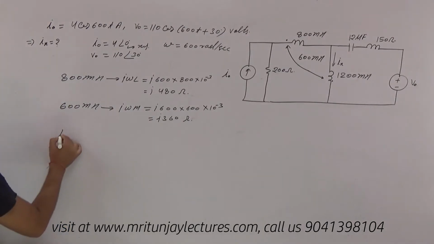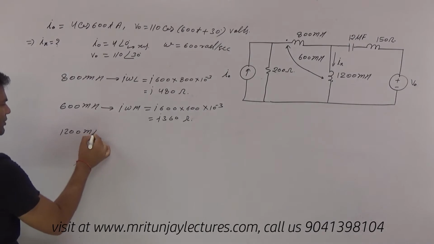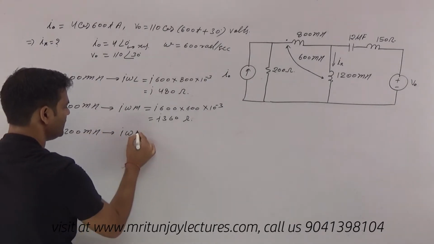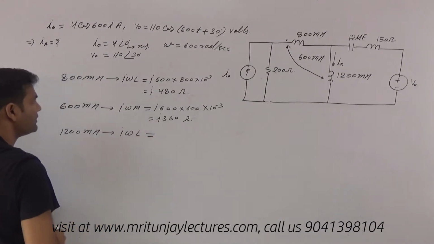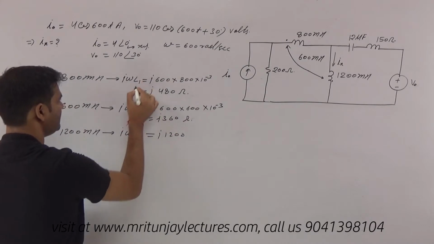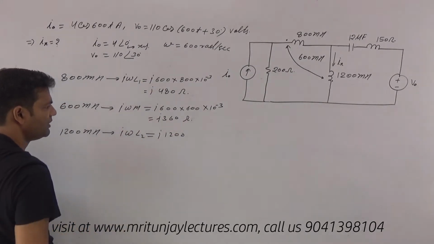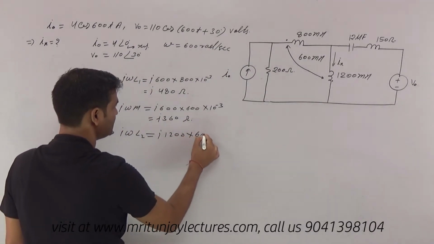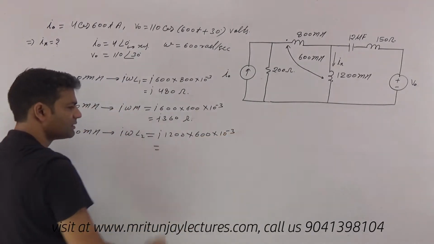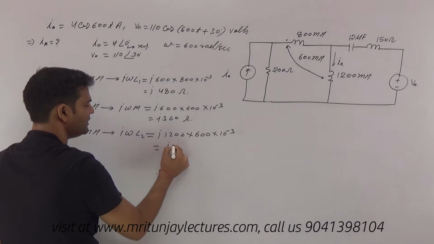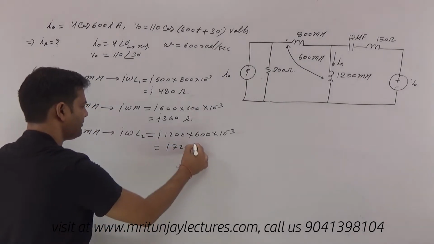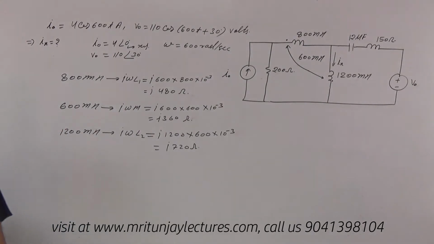Now another one, 1200 millihenry, is converted into j omega L. We can call it L1, and this one L2, that is 600 into 10 to the power minus 3, corresponding to j720 ohm.